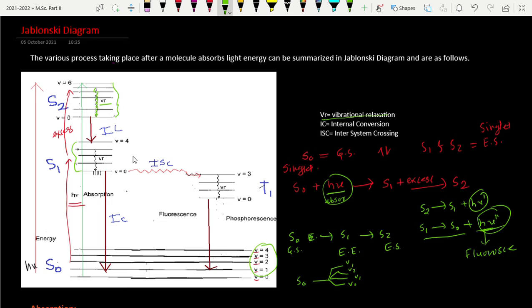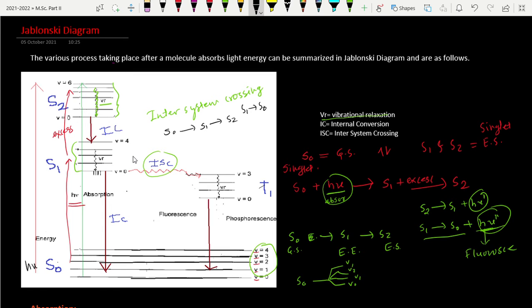Similarly, this one is a triplet state. These are the singlet states, but there is a triplet state, and this transition is known as intersystem crossing. According to the spin selection rule, singlet to singlet transitions are allowed, for example S1 to S2 or S1 to S0, meaning excitation within the same multiplicity is allowed.